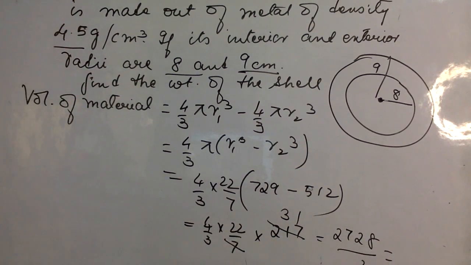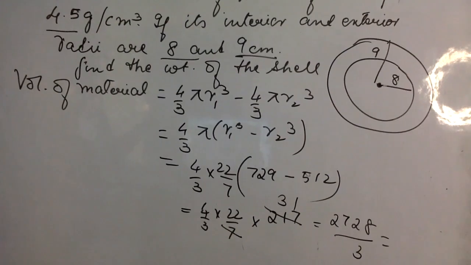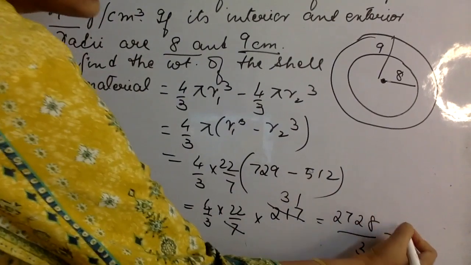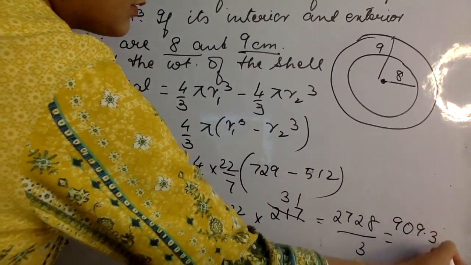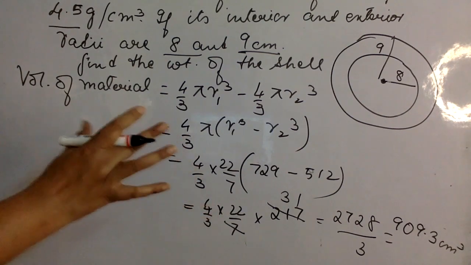Now that is going to give us a decimal answer for sure. So how much do we get here? We get 909.3 centimeter cubes. That is the volume of material that is required in making this shell.